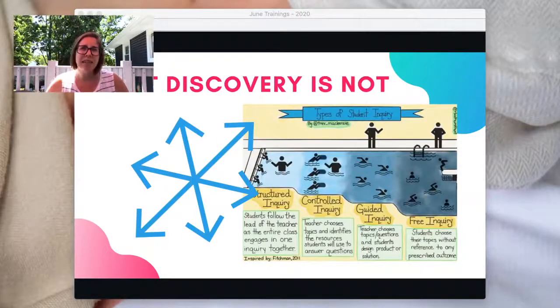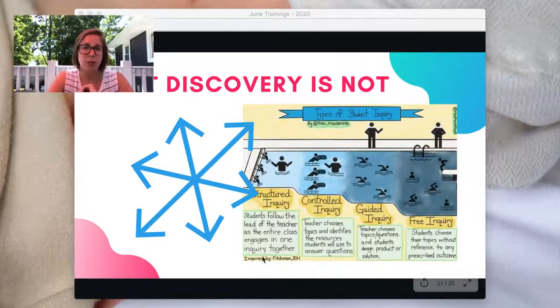So discovery and exploration can be anywhere from, okay, first of all, you do have your objectives and your outcomes and the things you want students to reach. Let's get to what discovery is.